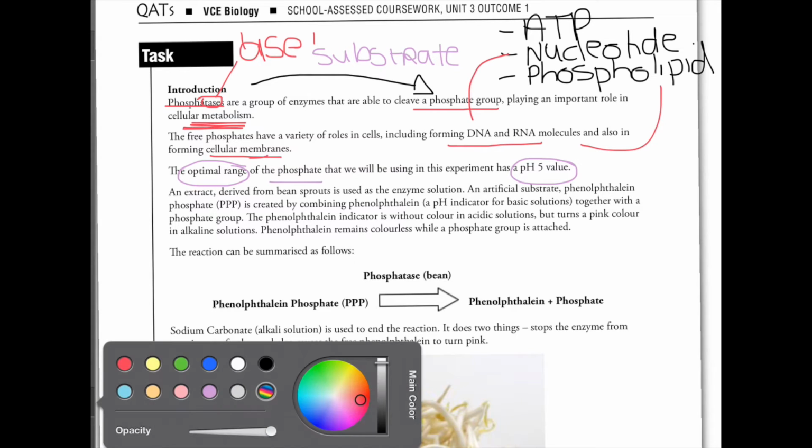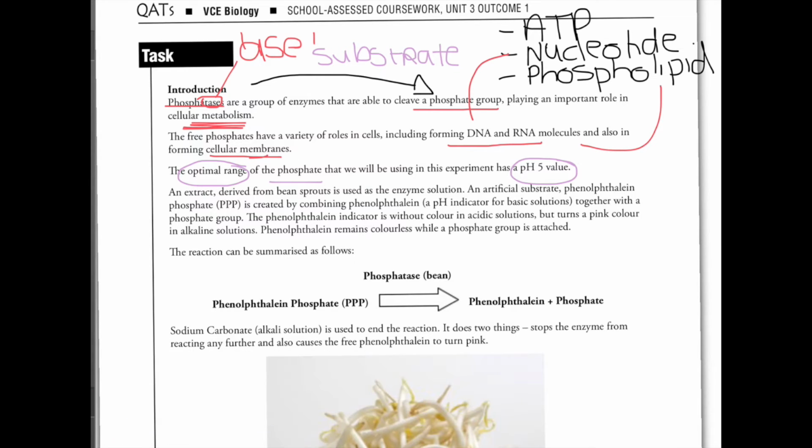Let's change your colour so you can see where I'm going. An extract derived from bean sprouts, yum yum, is used as the enzyme solution. So that's where we're getting our phosphatase from. An artificial substance, phenylalanine phosphate, PPP, which we can see down here in the equation, is created by combining phenylalanine, a pH indicator for basic solutions, and I'm just going to change that to purple.